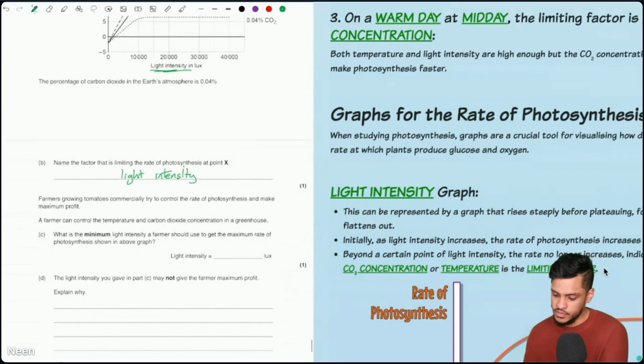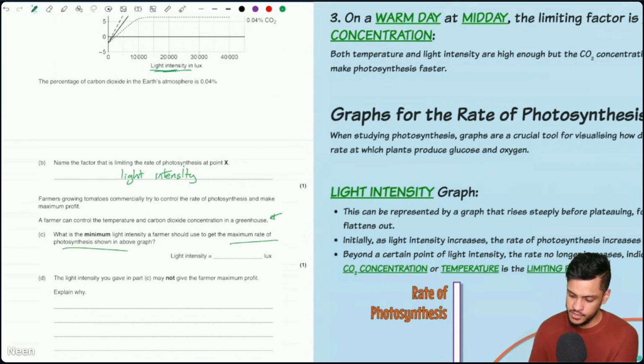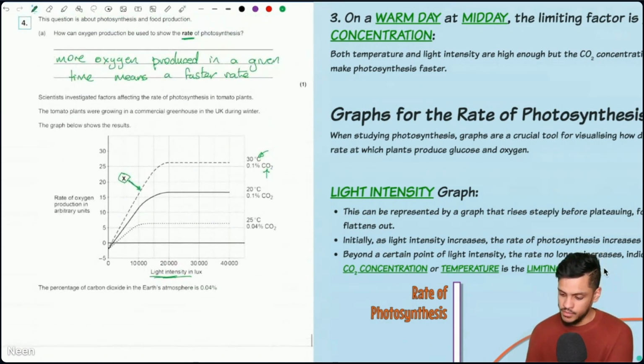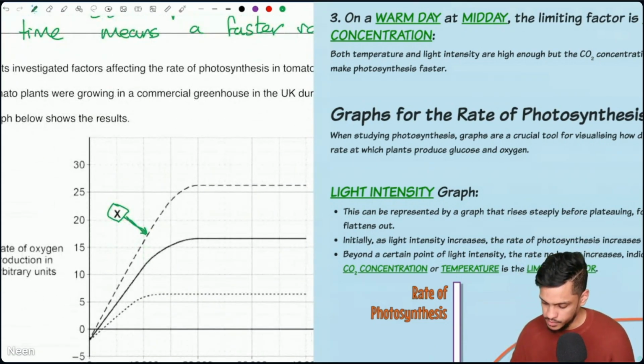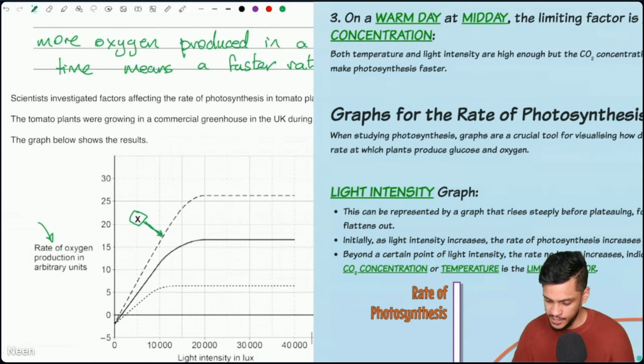Farmers growing tomatoes commercially try to control the rate of photosynthesis and make maximum profit. A farmer can control the temperature and CO2 concentration in a greenhouse. Okay. What is the minimum light intensity a farmer should use to get the maximum rate of photosynthesis? So for that one, you want to see the highest point on the graph, right? You want the highest rate of photosynthesis. And we said that the more oxygen that's produced, the faster the photosynthesis.